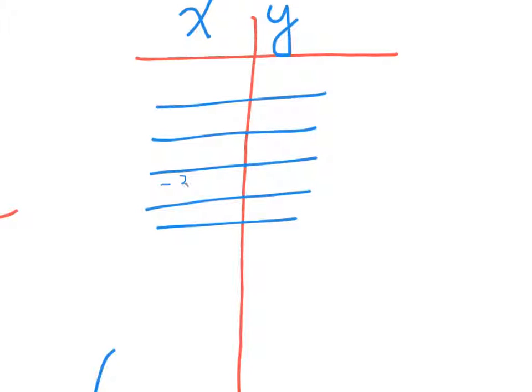And then we'll just count by 1. So negative 3 is close by, negative 2, negative 1, and maybe like negative 4, negative 5, something like that.